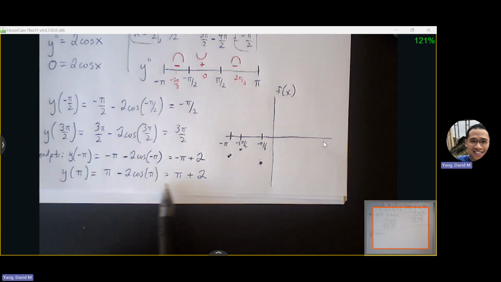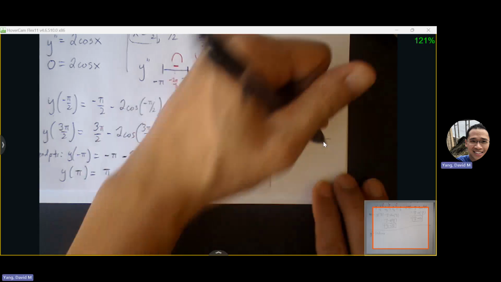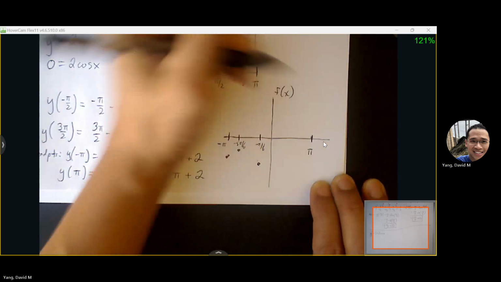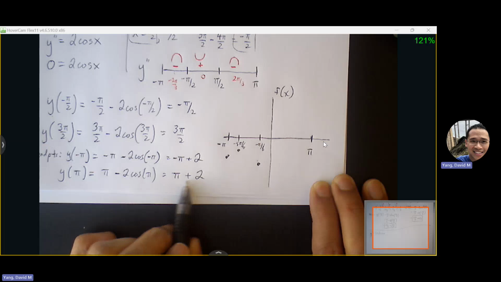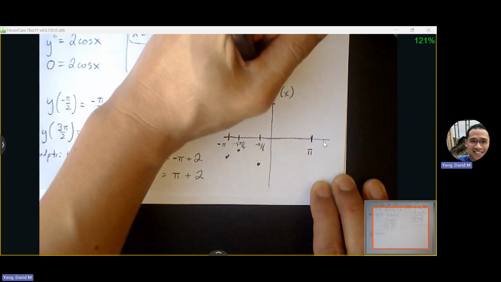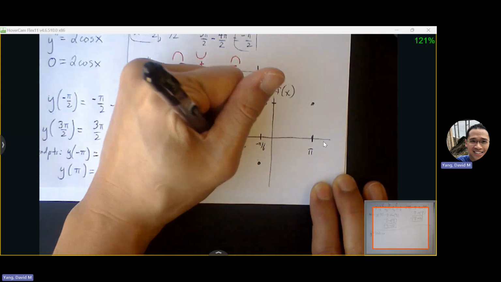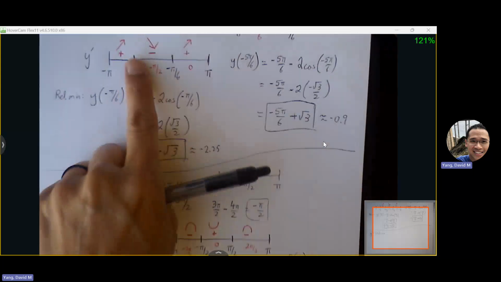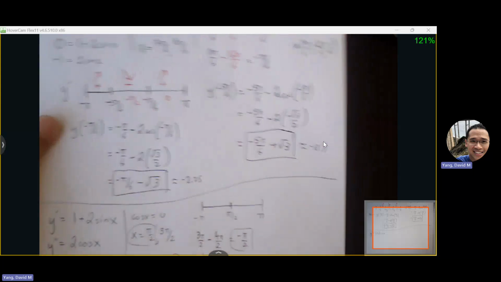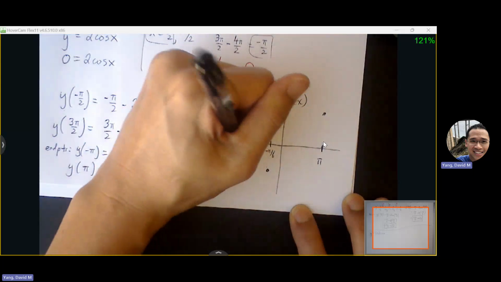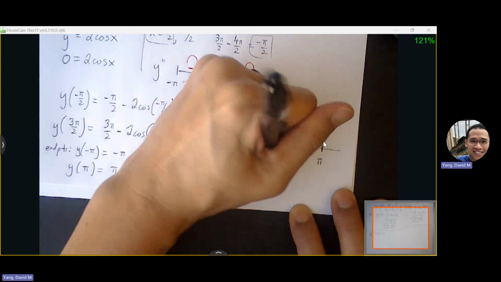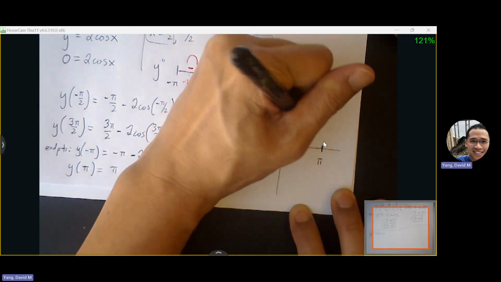And finally, we're going to end up at pi. That's around 3 plus 2. That's around like 5. So it's just a rough sketch. We just want the graph to match the movement of these arrows. So it rises to a relative max, falls to a relative min, and then continues rising.